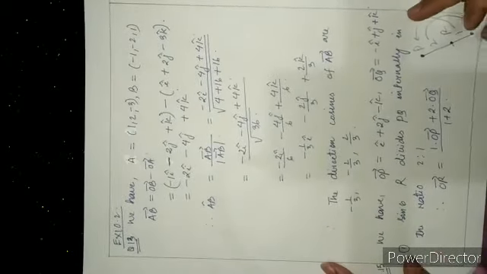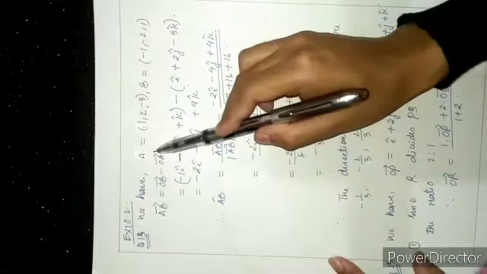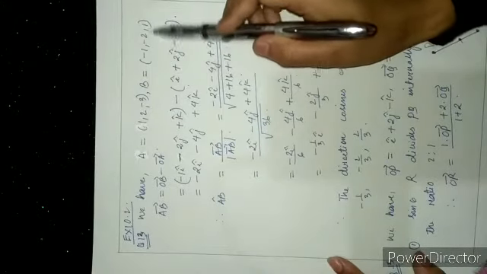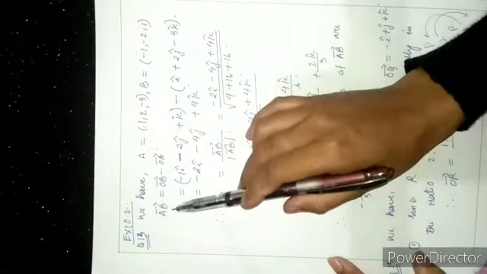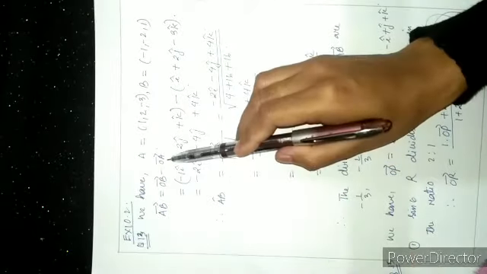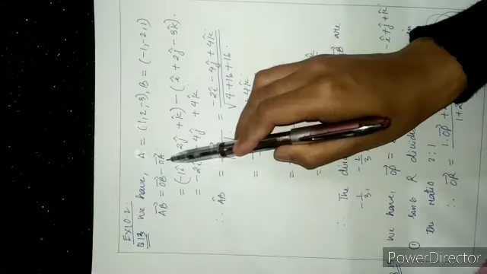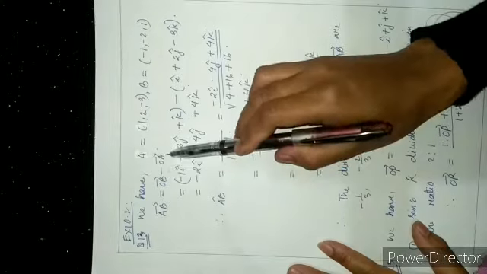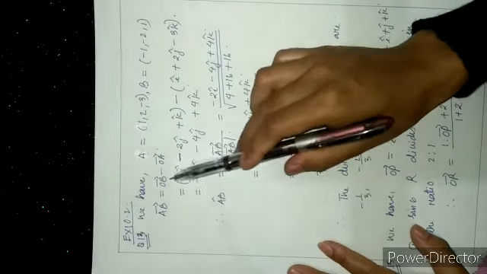Exercise 10.2 question number 13 we have the coordinates of A 1, 2, minus 3. Coordinates of B minus 1, minus 2 and plus 1. Then write AB vector. AB vector is given by position vector of B minus position vector of A. AB vector se kaina pigani position vector of B minus position vector of A na pireko.